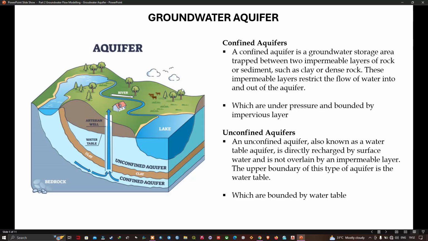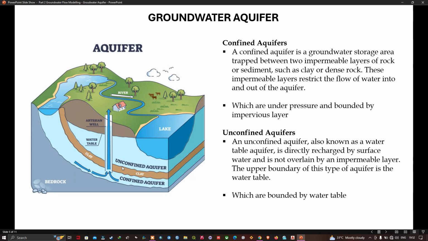So now let's talk about the meaning of an aquifer under pressure, and the difference between an aquifer under pressure and an aquifer that has no pressure on it. That is the main difference between the confined and unconfined aquifers. The aquifer that is under pressure is bounded by an impermeable layer.